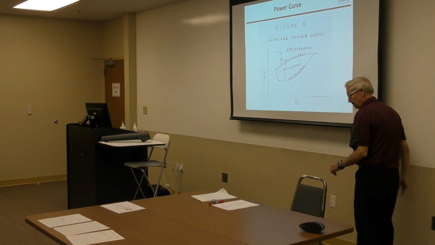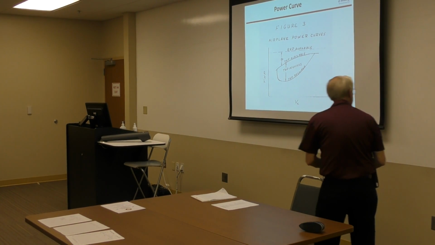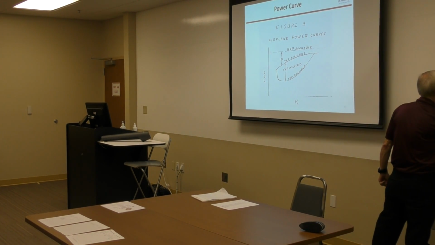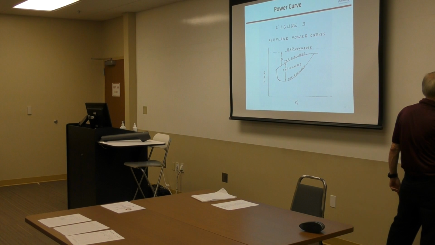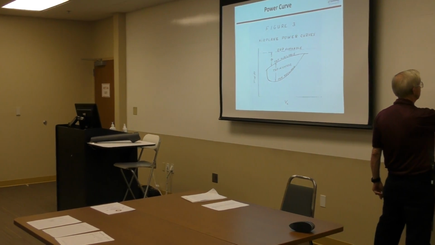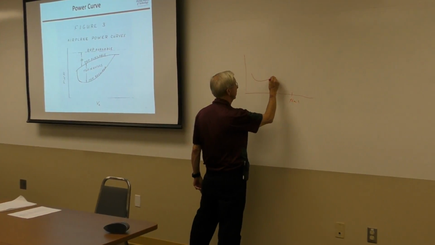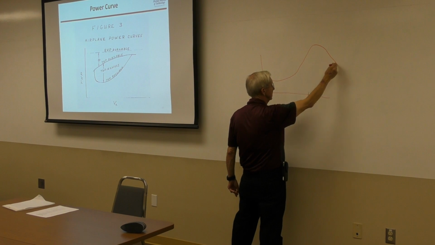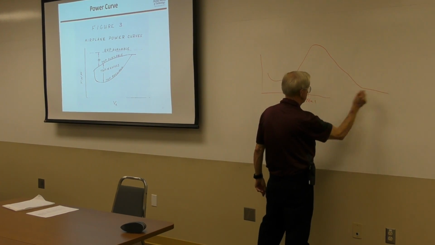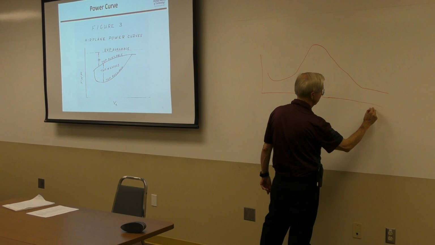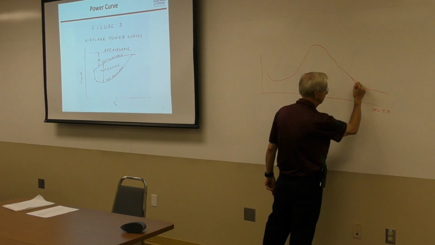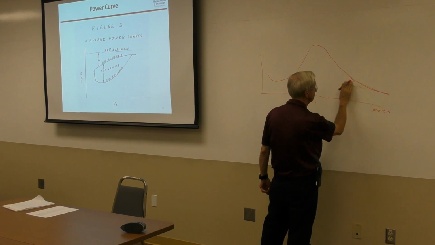Well, let me draw it, even though it's hard to erase. Let's say this is Mach 1. You know, this curve is going to look something like this, subsonic. And it's going to go up here and do this thing, and then way out here it comes down and kind of flattens out.